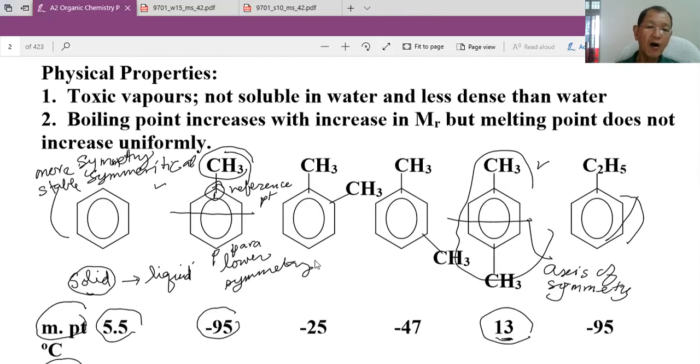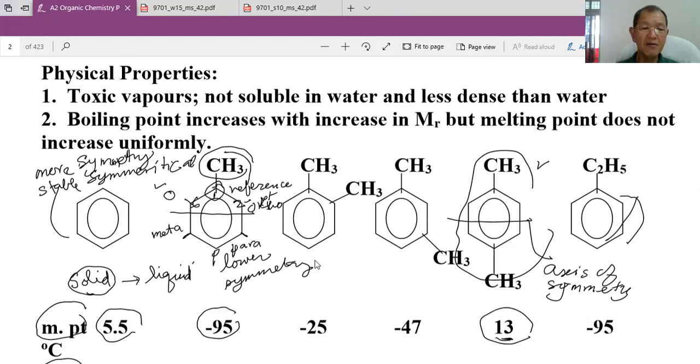Beside these two are the same, you can put here 2 or 6. These two positions are called ortho. On here, these two positions are called the meta, M-E-T-A position.